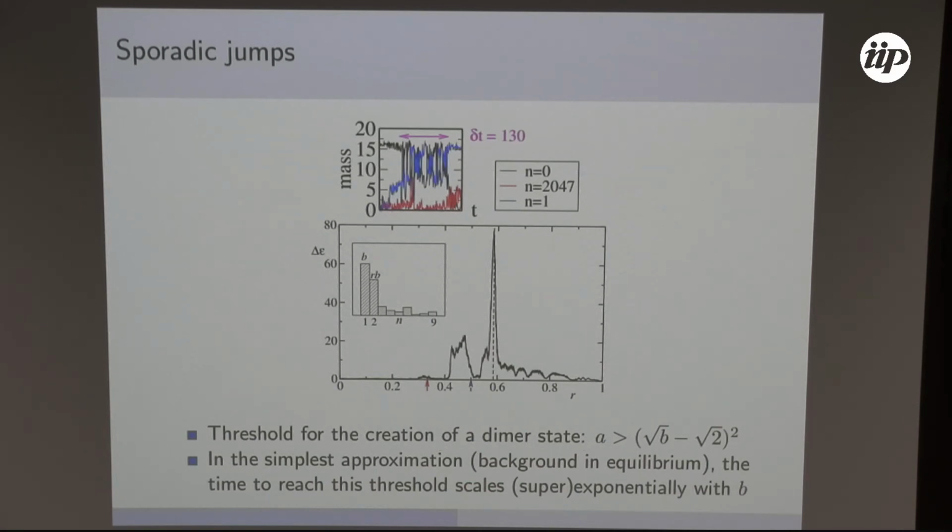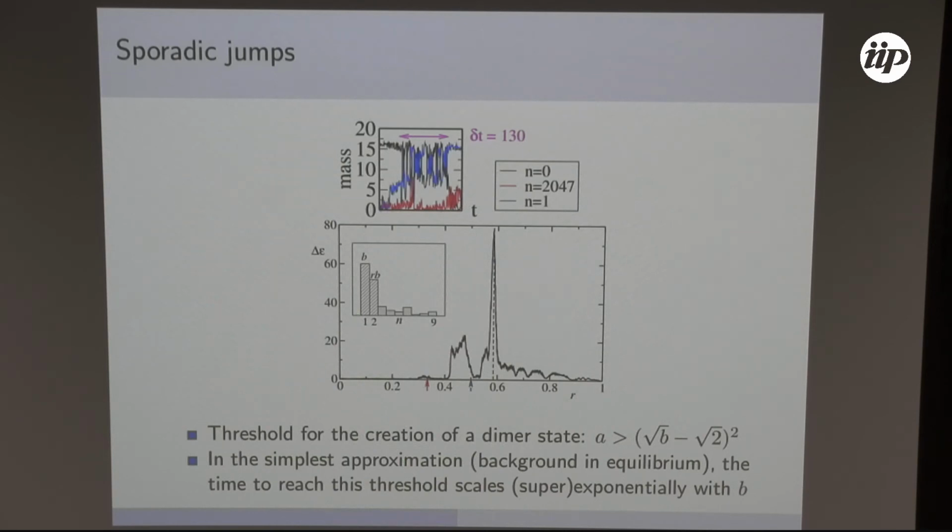In principle, you can study the dynamics of a breather dimer, and you find that in order to create this bound state, you need a background site that needs to overcome this threshold.